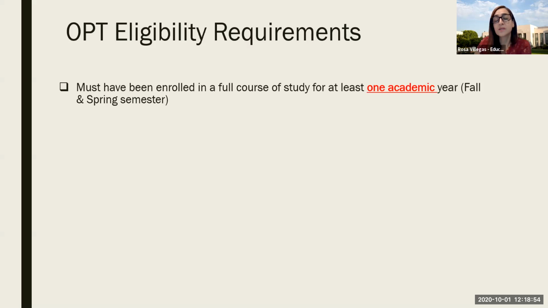If you started with us in fall, you're not gonna be able to apply for OPT until you're in the spring semester. And the 1 year of academic studies is at the higher education level. So if you attended a high school or a language school, that time does not count towards the 1 year. It counts at the higher level.